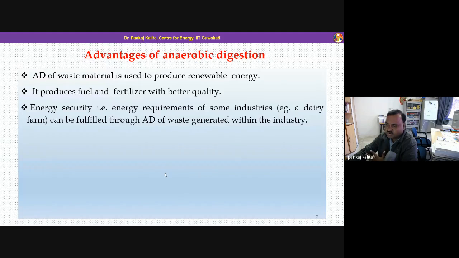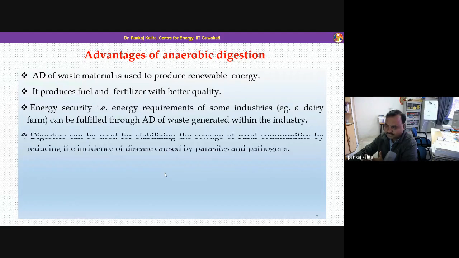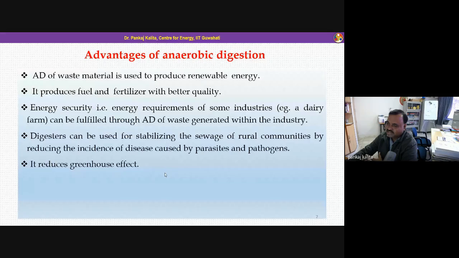That is, the energy requirements of some industries, maybe a dairy farm, can be fulfilled through anaerobic digestion of waste generated within the industry. The digesters can be used for stabilizing the sewage of rural communities by reducing the incidence of disease caused by parasites and pathogens, right? So that is taken care of by anaerobic digestion technology.